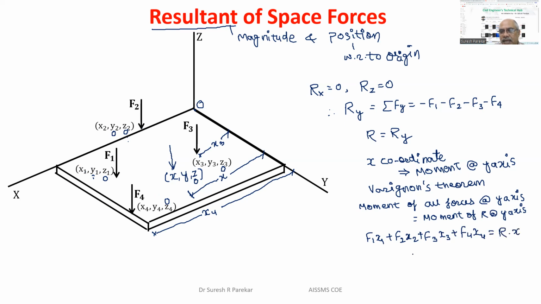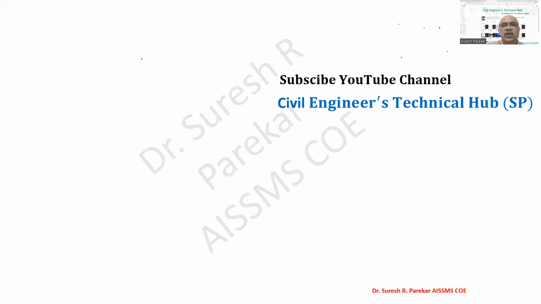From this I will get x equal to summation Fx divided by R. And in a similar way I can find y also, which is summation Fy upon R. Knowing this, we get the position of this resultant of F1, F2, F3, and F4. So likewise, we have two types of problems in examination, one on equilibrium and another on resultant. So now we will stop here only.